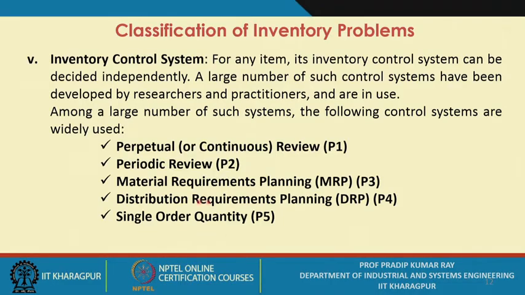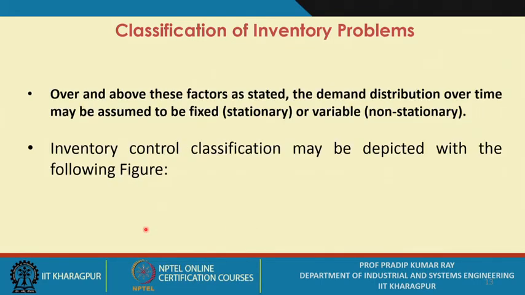And of course, the last type of inventory control systems, which we'll also be discussing, is the single order quantity systems. Over and above these factors as stated, the demand distribution over time may be assumed to be fixed, that is the stationary demand, or it might vary over time. Initially we assume that whatever distribution we assume for the demand as well as for the lead time, these distributions remain constant, they are not going to change.